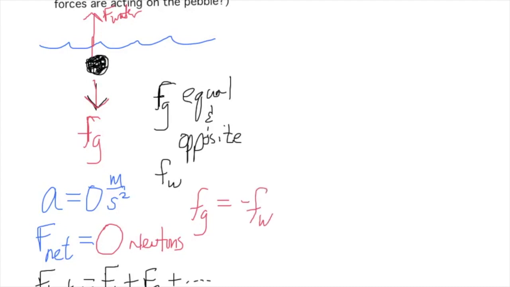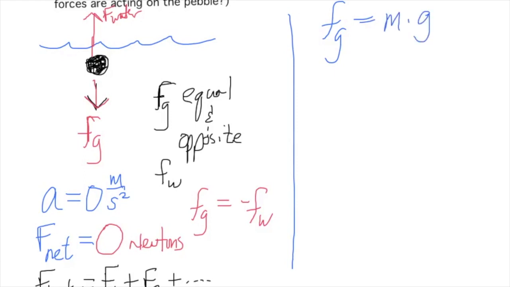And so if the question is asking, how big of force does the water exert? Well, we just need to figure out the force due to gravity, which is really just the weight of this pebble. So let's go ahead and do that. The weight is always going to be mass times gravity. The mass of this pebble is 0.05 kilograms.